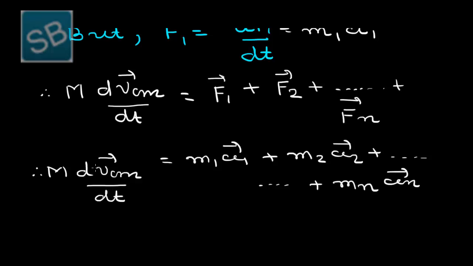So this equation is also very helpful, and here the forces which are appearing, F1, F2 and Fn, are the different forces acting on the system of n number of particles, and this total force I can also write as capital F because it is the resultant force.